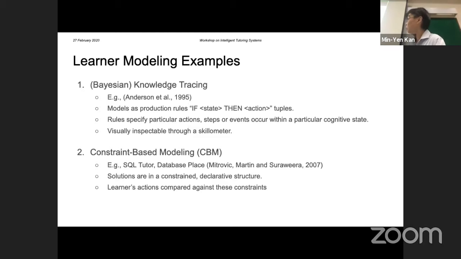You use the rules as a model of the students' understanding. So that's basically knowledge tracing. And they use it to build tutors for algebra, geometry, theorem proving. They're very successful in the US high schools in the Pittsburgh area.